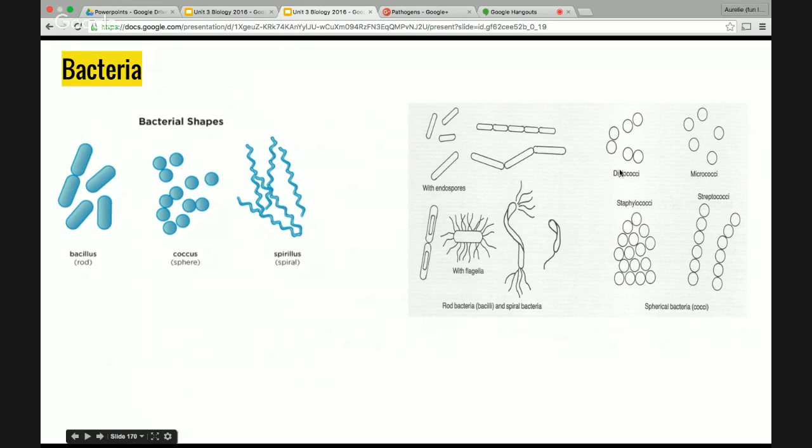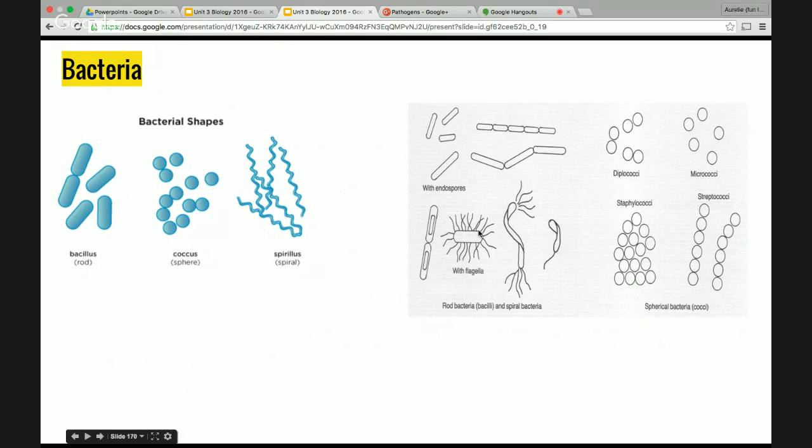Over here, you see the different organization of those bacteria. So if it's a coccus, so spheres, if they are in pairs, then it's usually called a diplococci. If they're singular, it's micrococci. If they form chains, then it's streptococci. And if they form clusters, they are staphylococci.